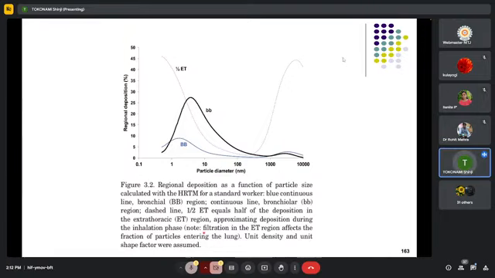This figure shows regional deposition as a function of particle size, calculated with the human respiratory tract model for a standard worker.